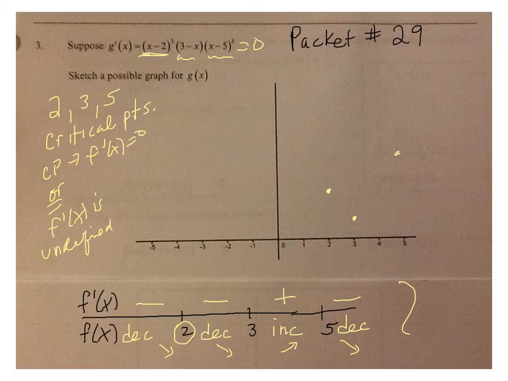Now, my function's coming down, it's decreasing until it gets to 2, but there's a horizontal tangent, and then it continues to decrease. So my guess is that there's a change in concavity there, and the function then increases after 3 up until it gets to 5, at which point it switches direction again and goes down.